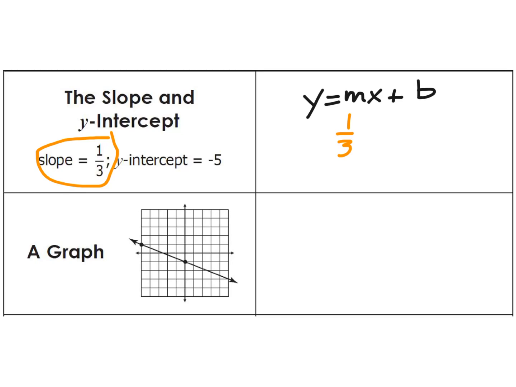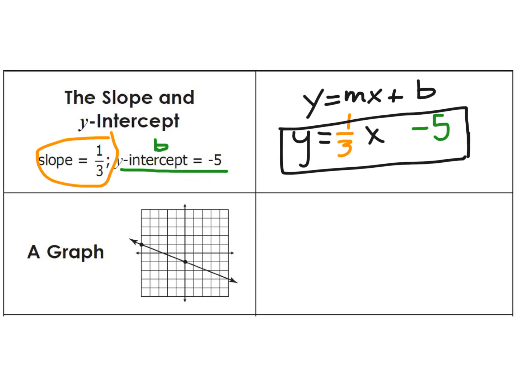All right, the y-intercept is -5. That is b. So if they give me the b, I'm going to plug it in where the b is. And then I'm going to bring down y equals x. And that's it. That's my final answer. Okay?